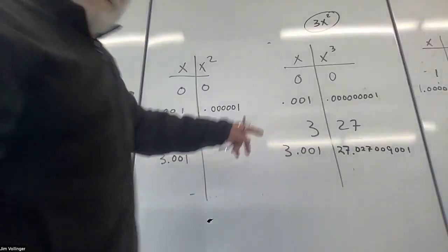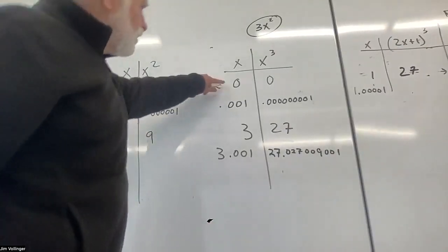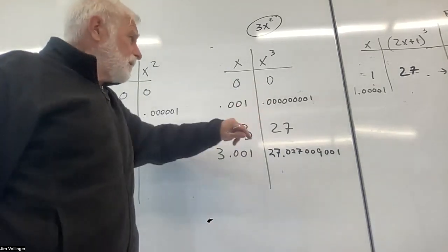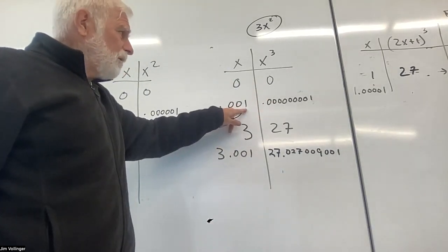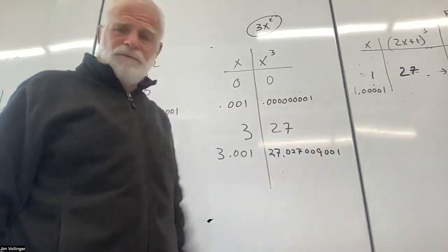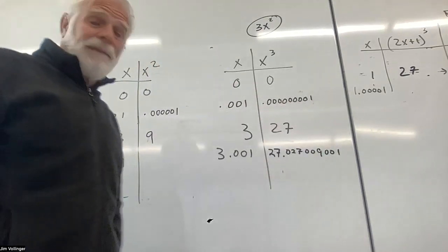Let's look at the cubing. So when there's no box, 0 side lengths, there's no volume. And if you change by 0.001, then you change over here by 9 decimal places with a 1. It's not much change.